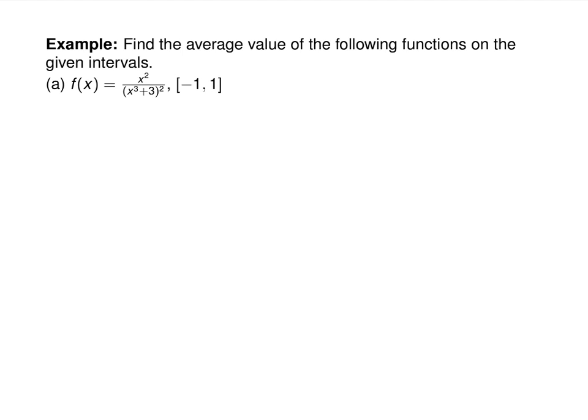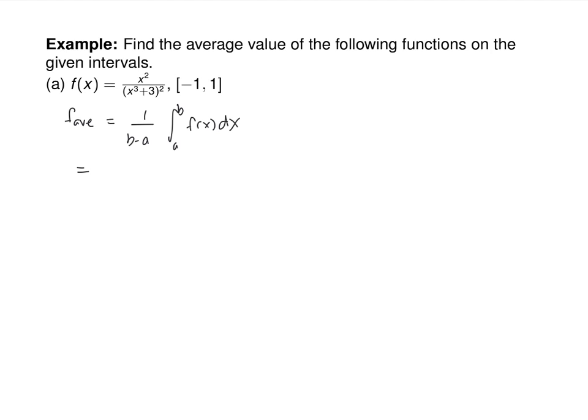All right, now let's find the average value of f of x equals x squared over x to the third plus 3, the quantity squared. So f av equals 1 over b minus a integral a to b f of x dx. A great way to remember formulas is to write them down every time you do a problem. By then you're going to memorize them whether or not you actually want to.